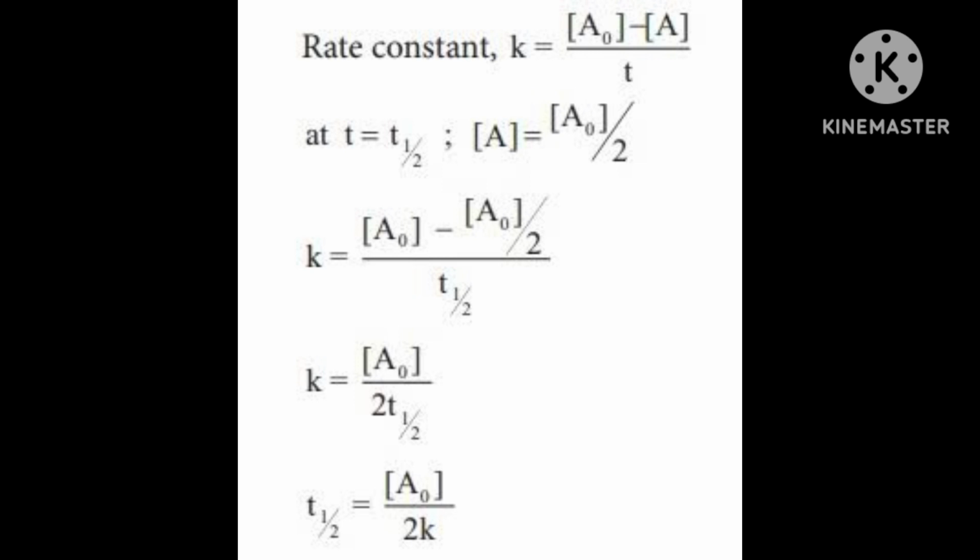Then you got log 10 to the power 3. This is the value of K.